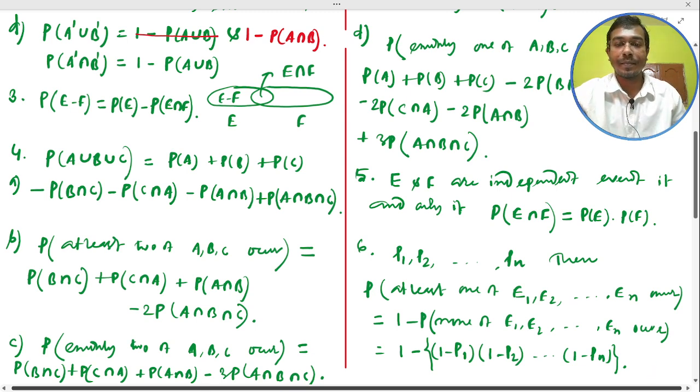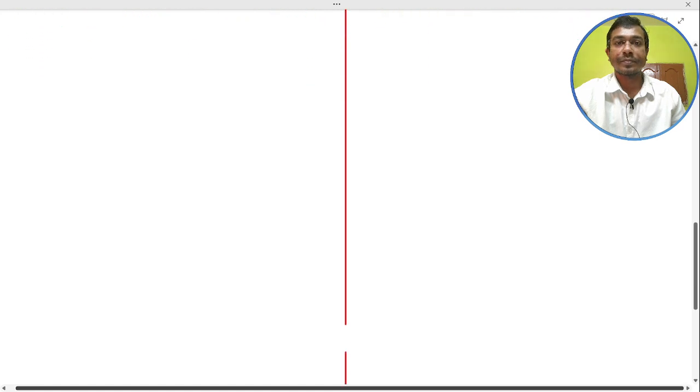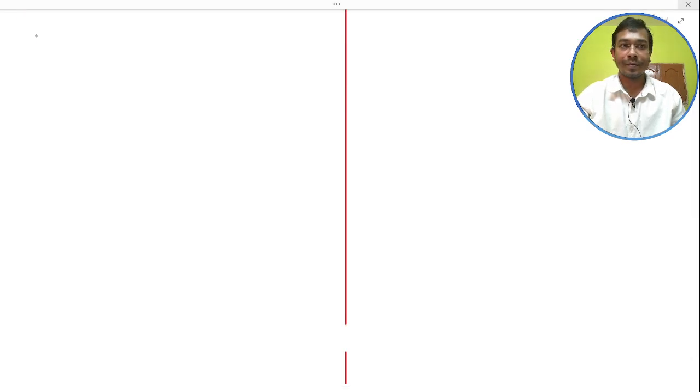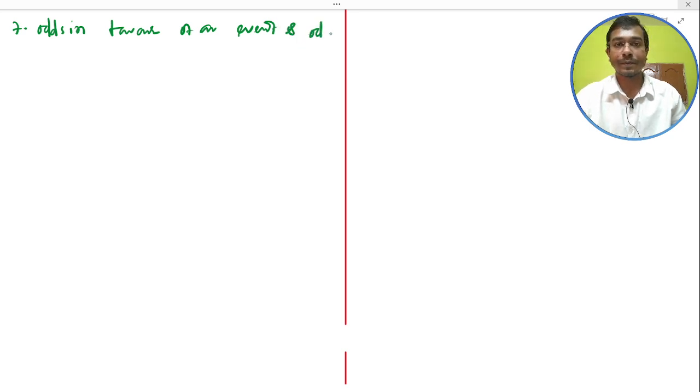Next, number 7. Odds in favor of an event and odds against an event. Very important, I just headline odds in favor of an event and odds against an event.